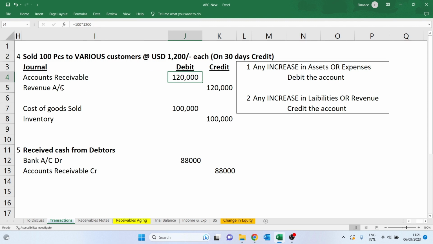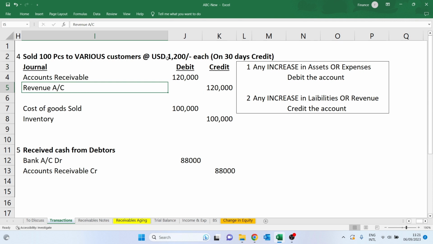So that is why we are crediting the revenue account. 120,000 is coming to the business as revenue because we are selling these 100 pieces for 120,000. So here our revenue is increasing by 120,000.